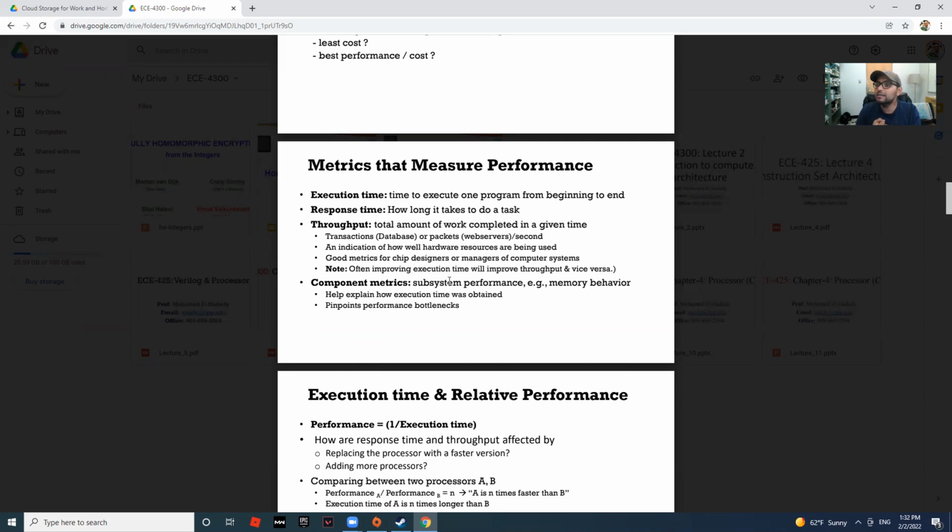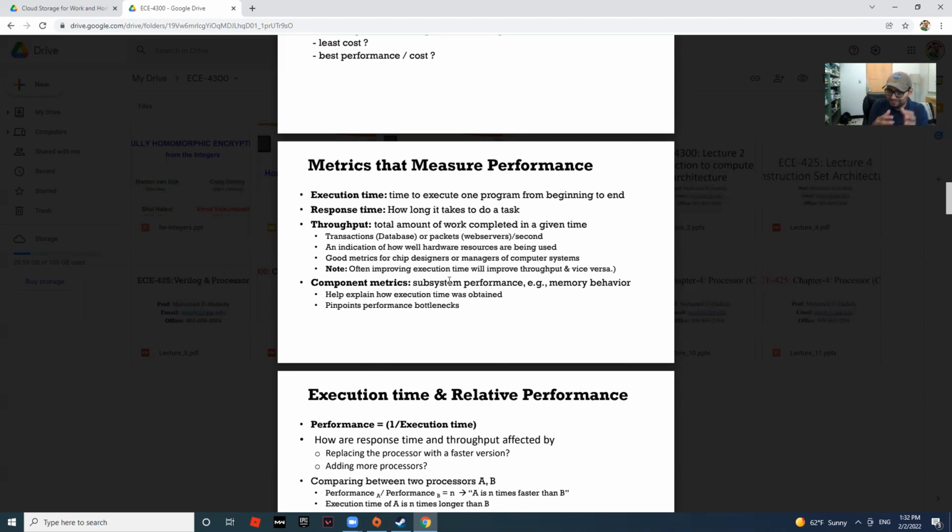Then there is another metric we're really interested in, which is called throughput. And what is throughput? At the end of the day, in a computer, we are working with a pile of data. Do you guys agree? This data is bytes, kilobytes, megabytes, gigabytes, terabytes, petabytes, whatever.